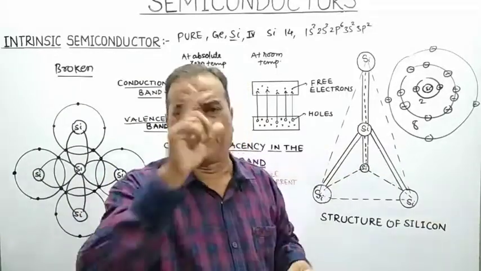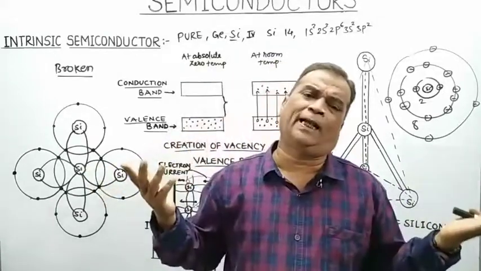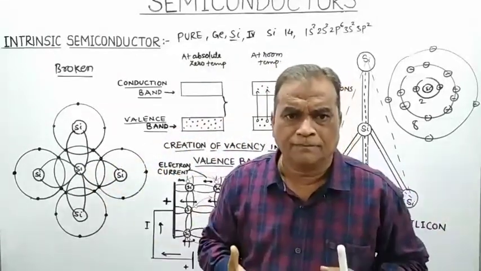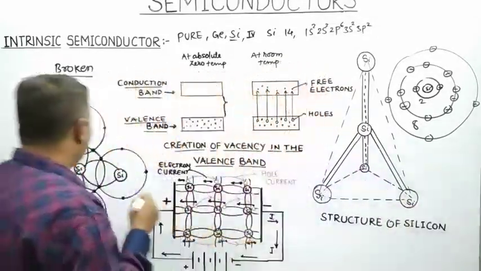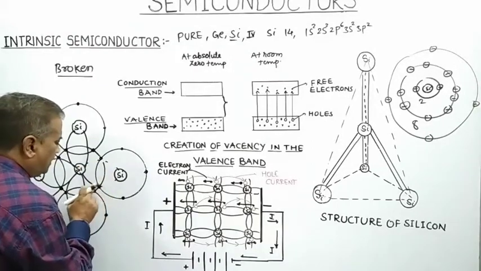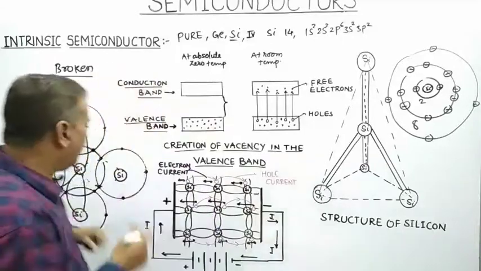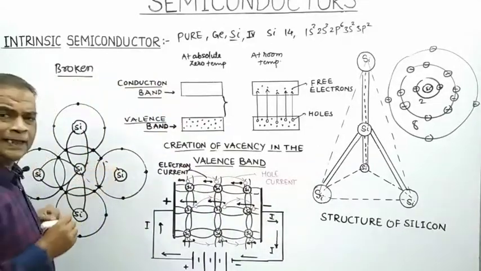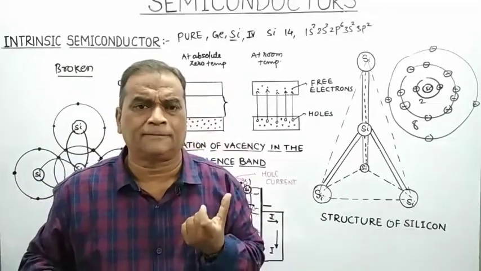So at room temperature, due to thermal agitation, a few of the covalent bonds will be broken, and a few of the valence electrons, here suppose this covalent bond is broken, these valence electrons will receive thermal energy.